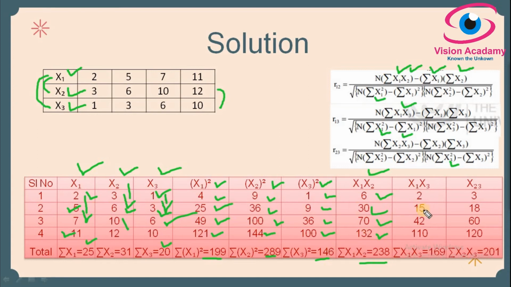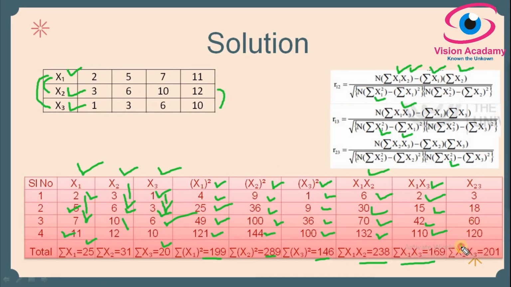Then we need summation x1 x3. So 2 into 1 is 2, 5 into 3 is 15, 7 into 6 is 42, 11 into 10 is 110. Summation x1 x3 is 169. And lastly summation x2 x3.